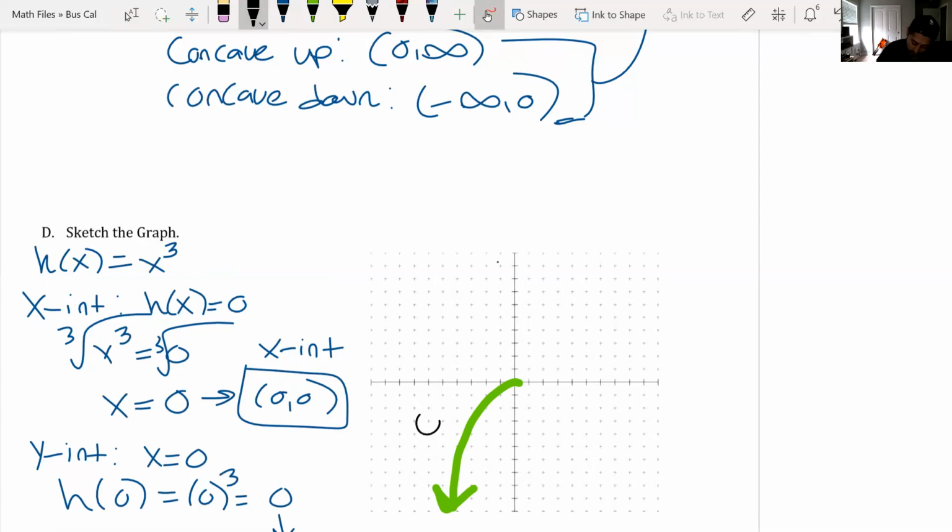Because this is 0, right? And over here is negative infinity. So from negative infinity, we're concave down, just like our number line says. And then from 0 to infinity, we are concave up. I'm going to make it a little curve here. We are concave up. That's all. That's how we're going to graph.